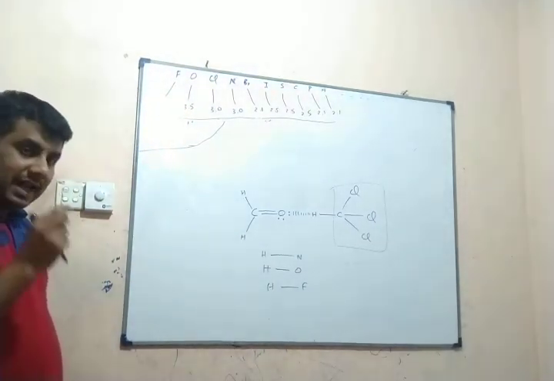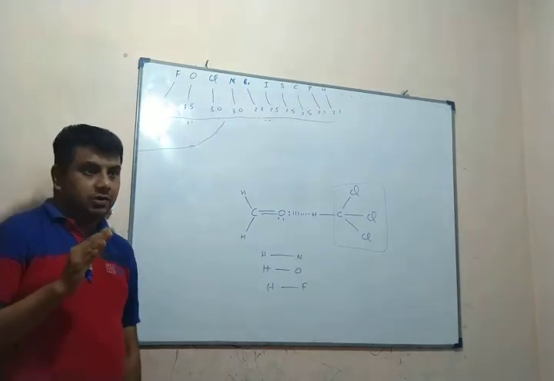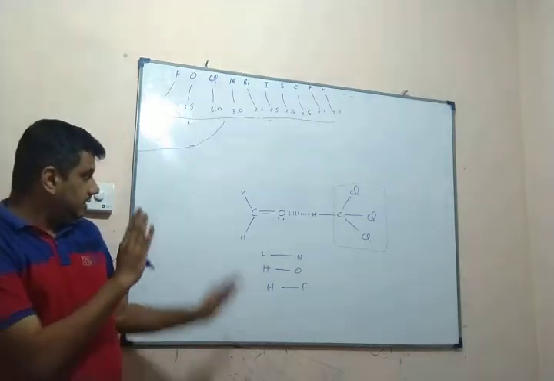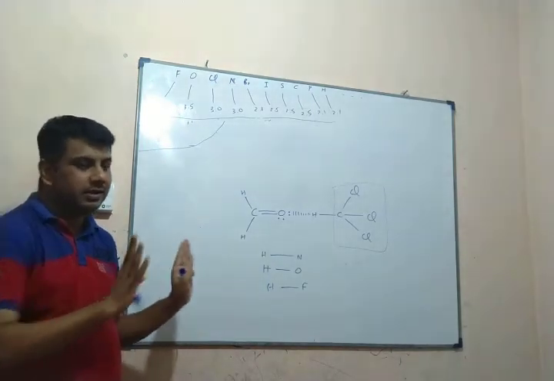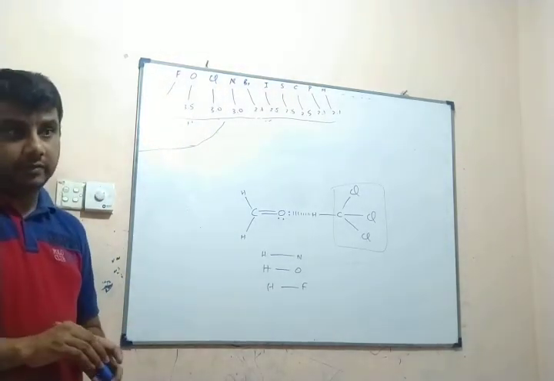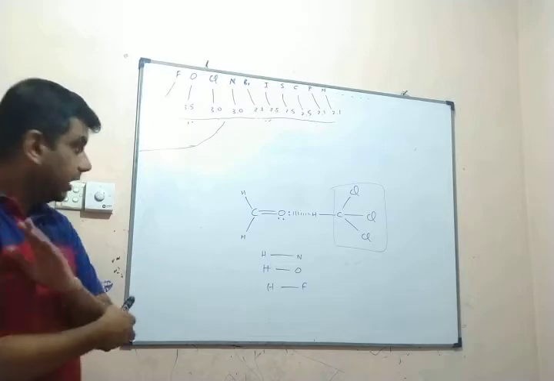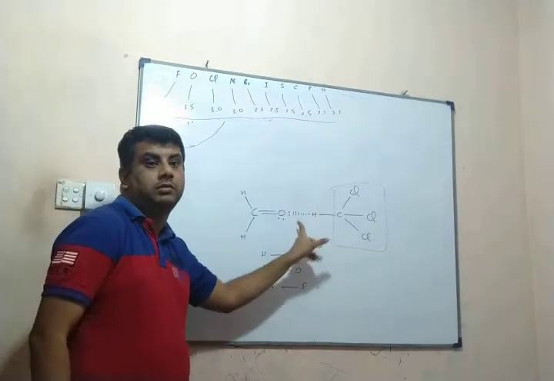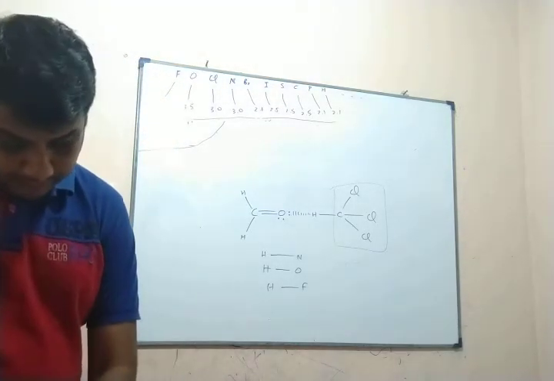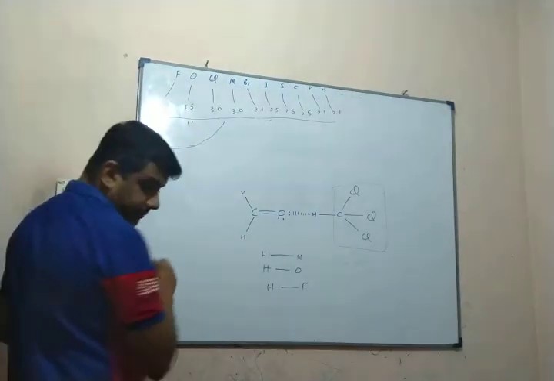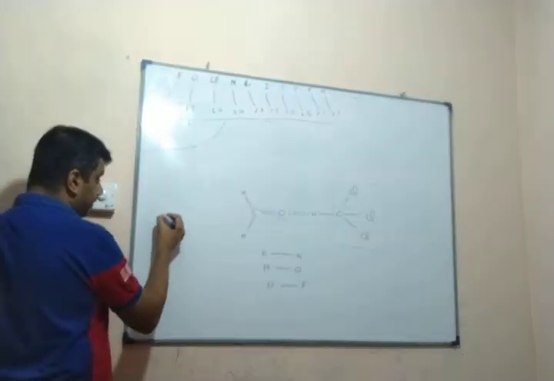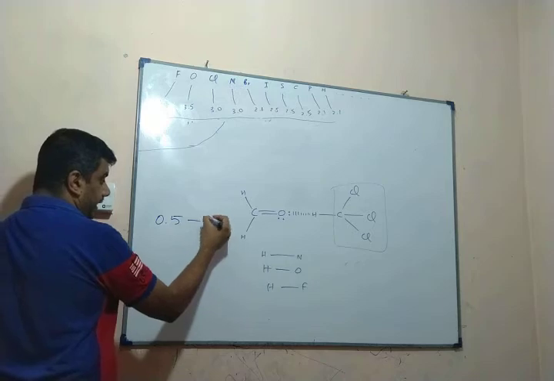So actually you can't define a hydrogen bond qualitatively, only quantitatively. That means bond energy: how much energy you need to break this bond. Normal dipole attraction is 0.5 to 15 kilojoule per mole.